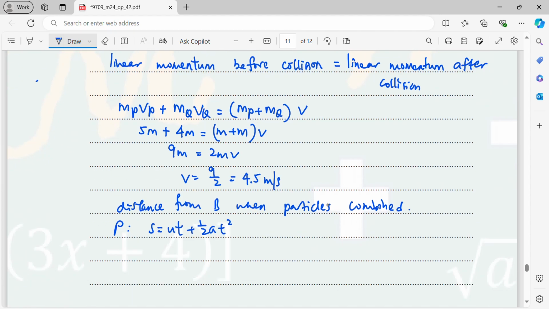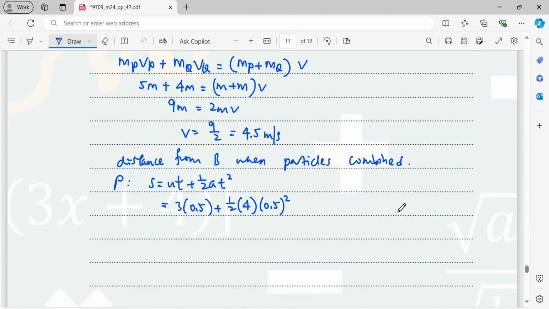So then from here, I know that my U is 3 because when the P reaches B, the speed is 3, the T is 0.5, plus half, the A is 4, the T is 0.5. But if you consider the particle Q, the T will be 1. So then this is going to be 2.